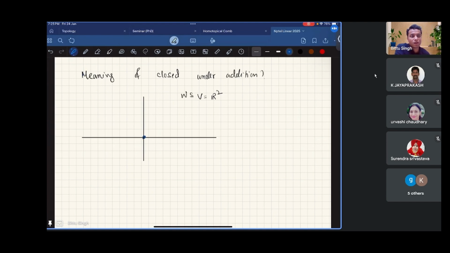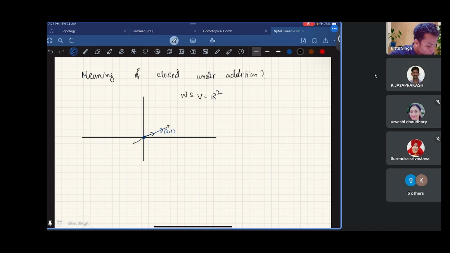Then what are the other things? It should be closed under addition. Suppose this is a vector which can be written as, maybe, 3, 1. First, let us see the meaning of closed under scalar multiplication. Scalar multiplication means you are stretching, right? You can stretch it, or make it smaller, and also go in the negative direction.